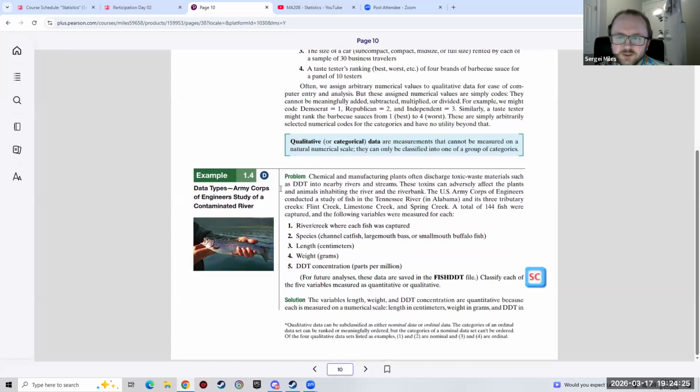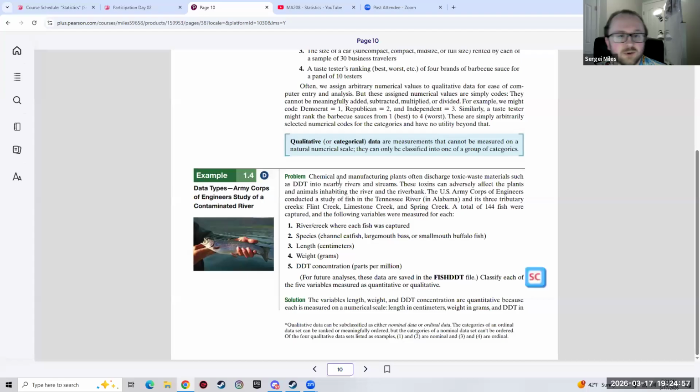So we see here in this first example that we're talking about a chemical plant and how it relates to the ecosystem around it. Even from this one problem, we can have multiple types of quantitative and qualitative data depending on what we're trying to collect. We read here that the manufacturing plant has a discharge of toxic waste material, such as DDT, into nearby rivers and streams.